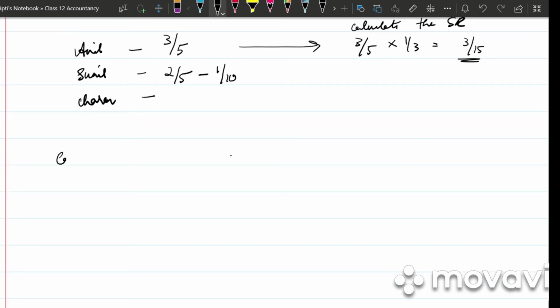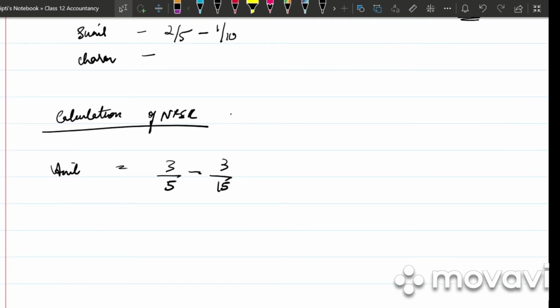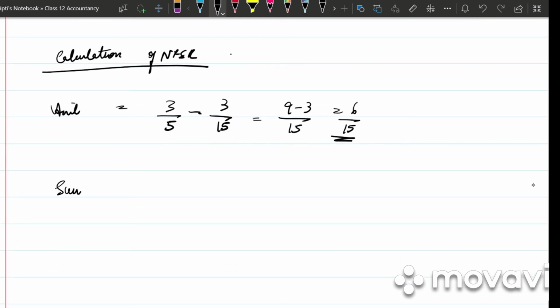So how do we calculate the new profit sharing ratio? First it is Anil. It is 3/5 minus 3/15. The LCM gives 9 minus 3 over 15, that is 6/15. Next we have Sunil.